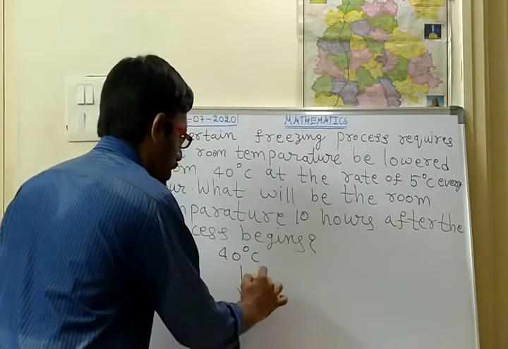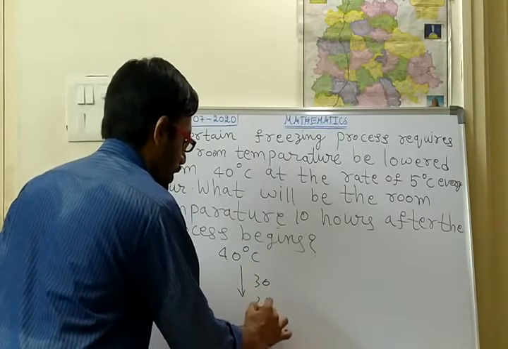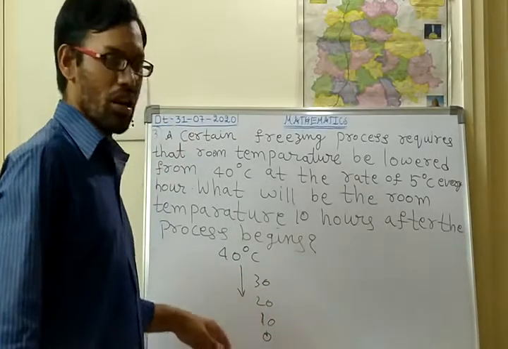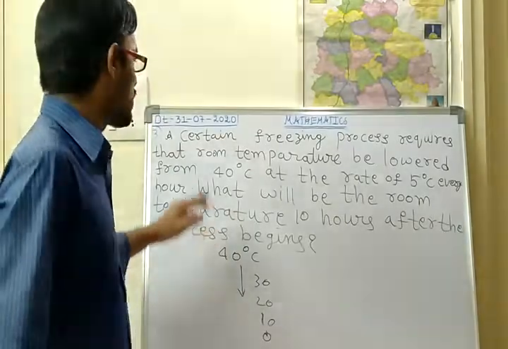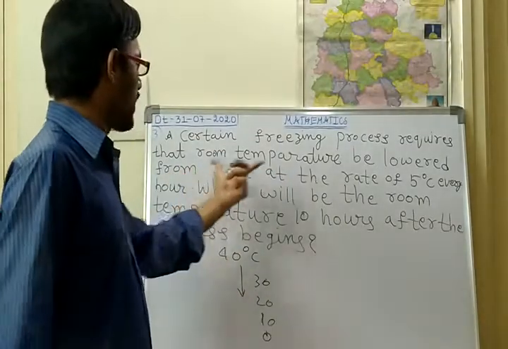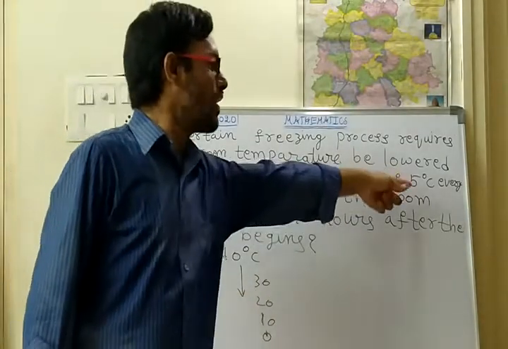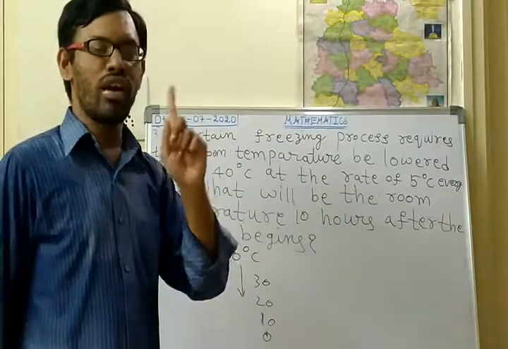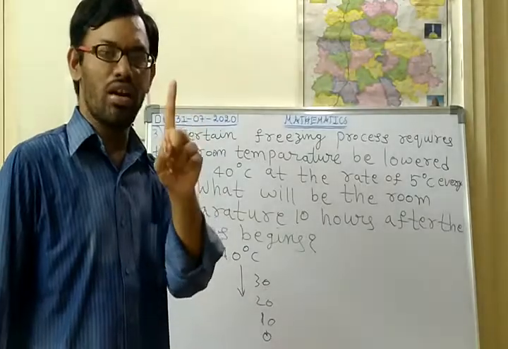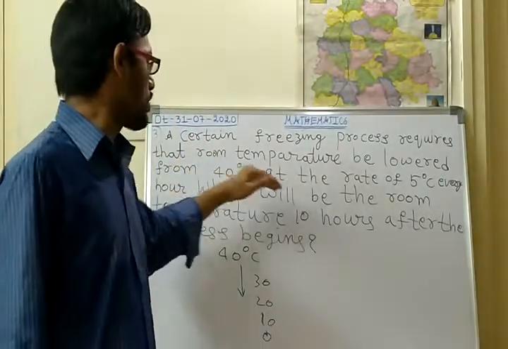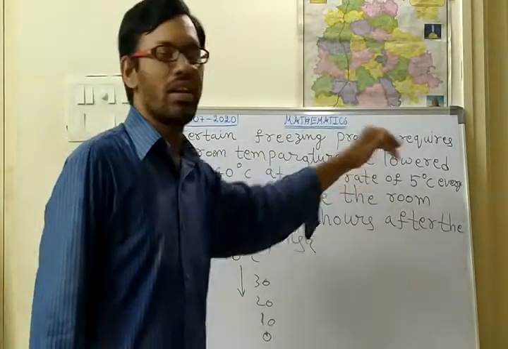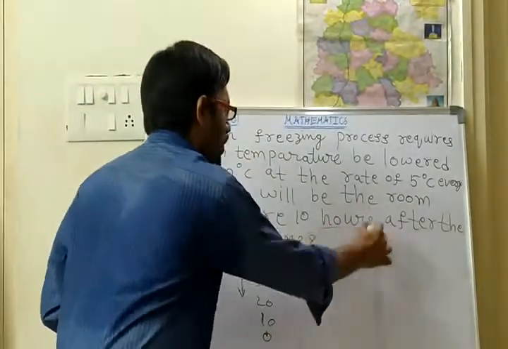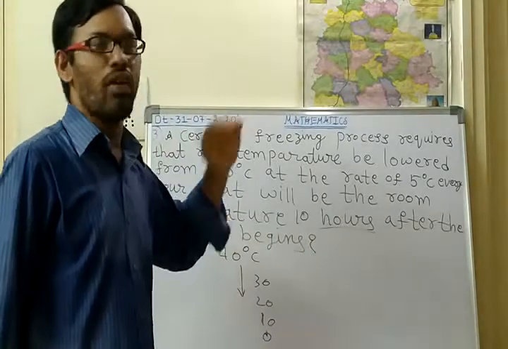That means 40, 30, 20, 10, 0, like this. So how does it want to decrease? At the rate of 5 degrees centigrade every hour. So for 1 hour it wants to reduce 5 degrees centigrade.